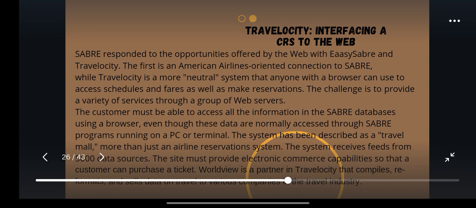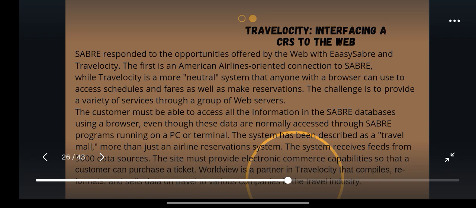The challenge is to provide a variety of services through a group of web servers. The customer must be able to access all the information in the Sabre database using a browser. Even though these data are normally accessed through Sabre programs running on a PC or terminal, the system has been described as a travel mall, more than just an airline reservation system.